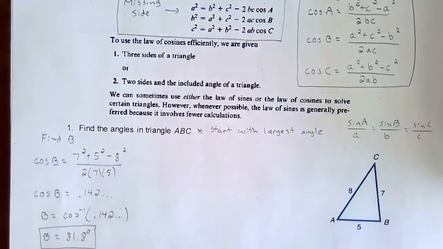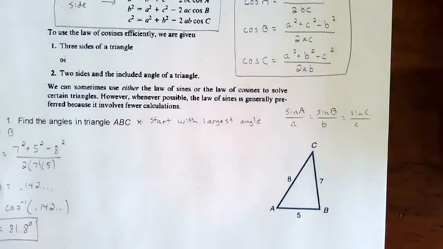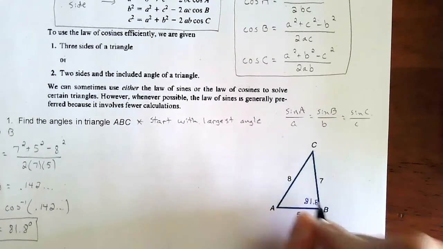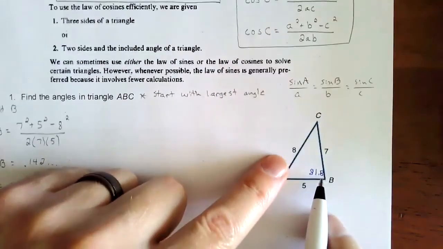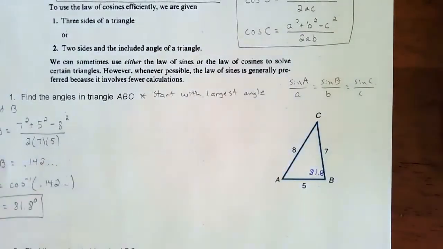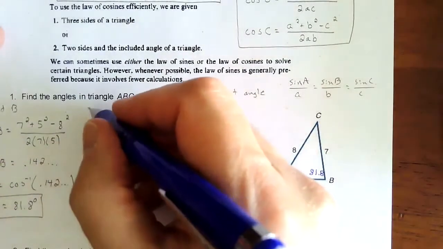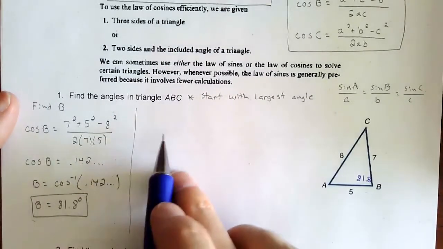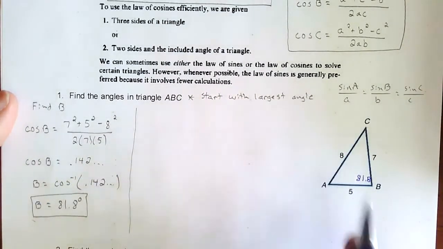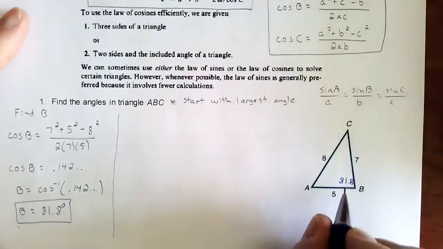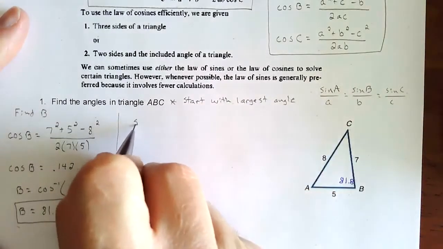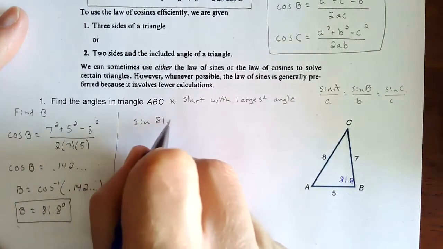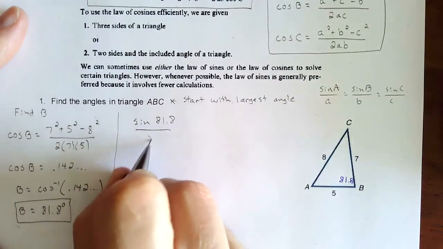So let me label my picture. We have angle B is 81.8, but now look what we just have. We have one full fraction. So we can shift over to law of sines if you'd like. If not, you can do law of cosines one more time, and you just have to adjust your formulas because you'd be using another angle. So now I can do, if I want to, sine of 81.8 over 8.